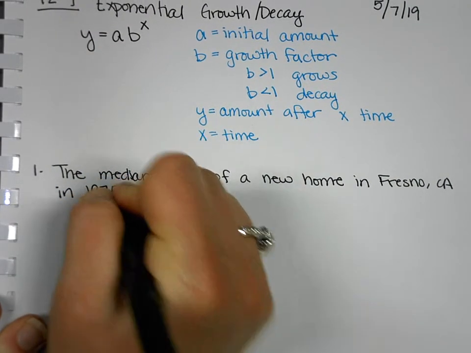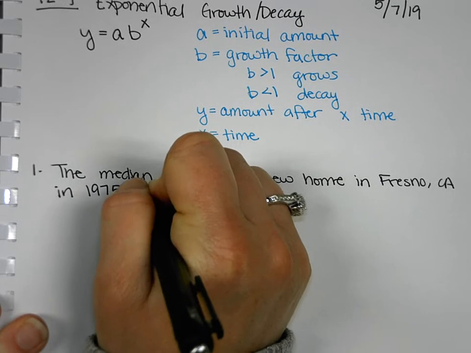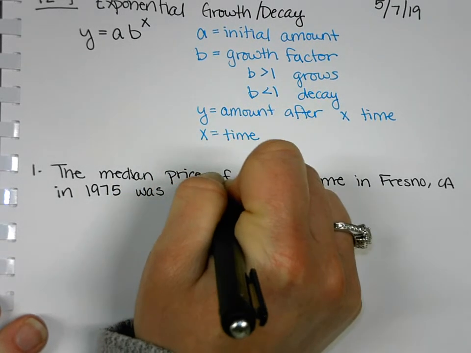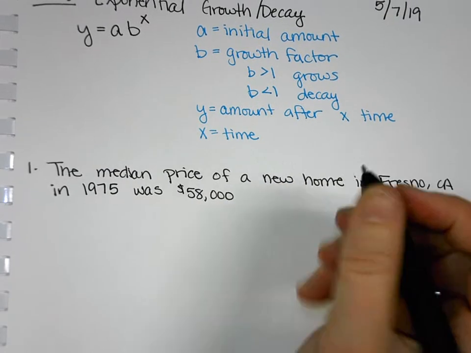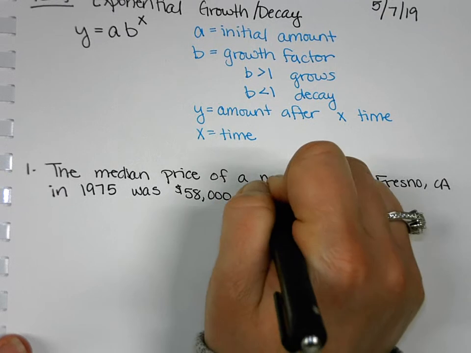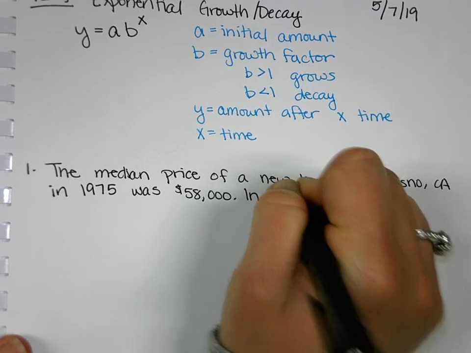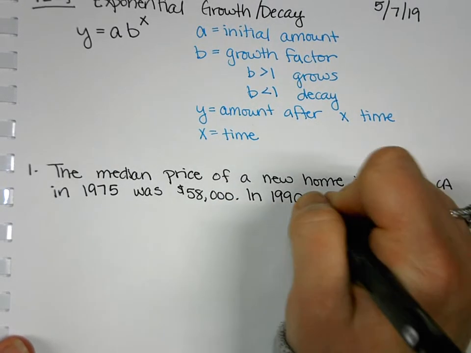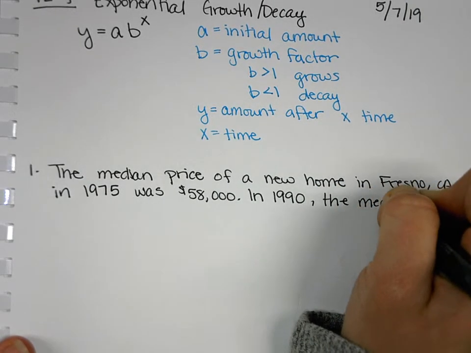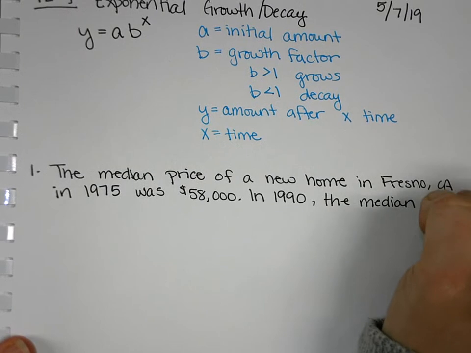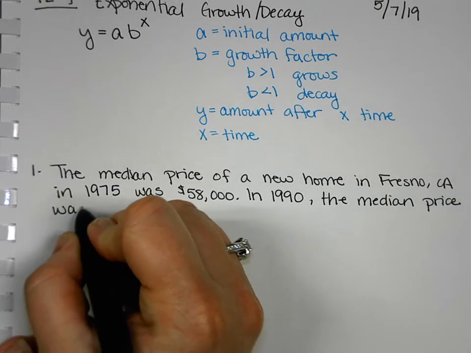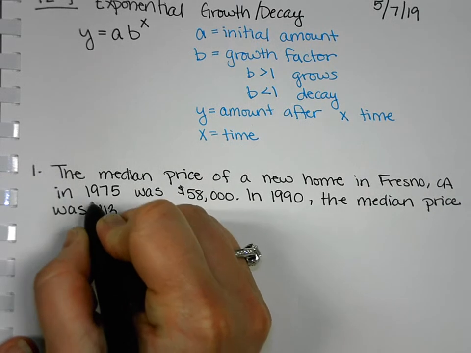This is even before I was born. Was $58,000. In 1990, again before many of you were born, the median price was $113,000.